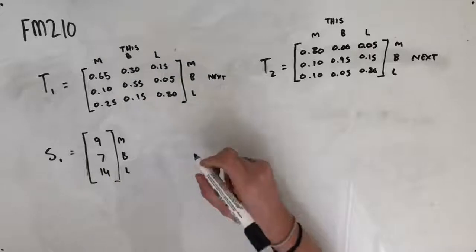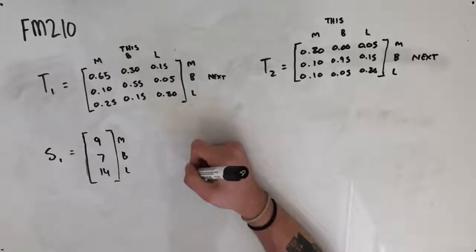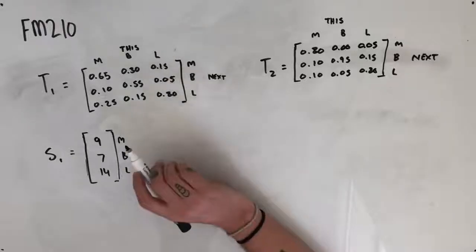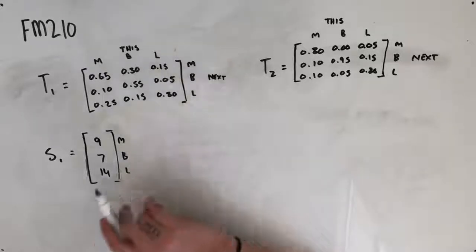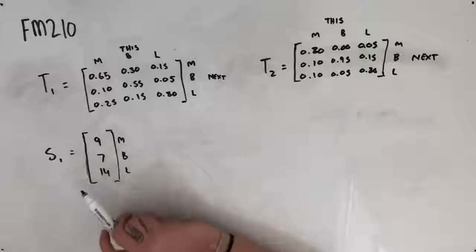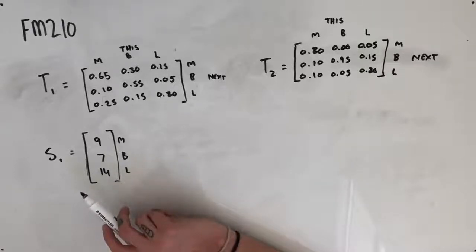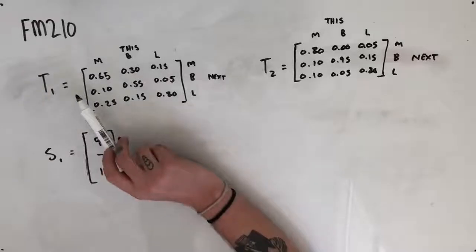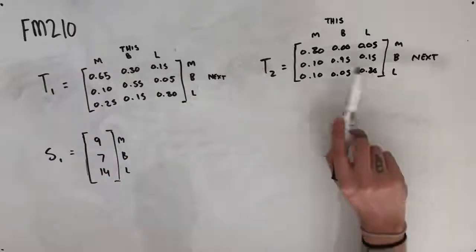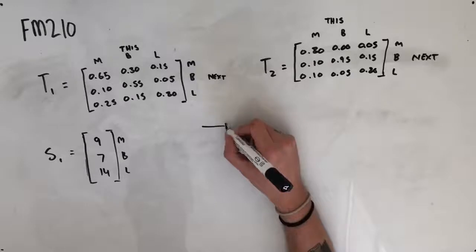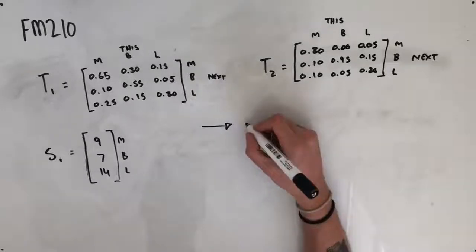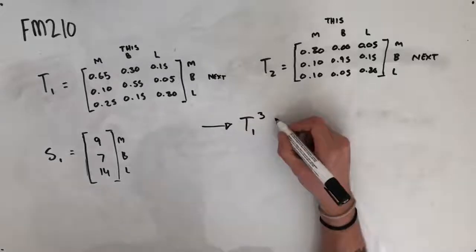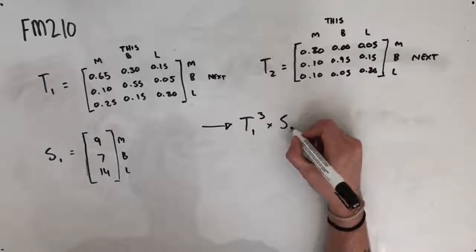Excellent. So now, first of all, we're going to need to go through the first 3 years. We've got our first year being described here, and we're going to go through the first 3 years using this transition matrix, T1, and then we're going to use T2. So the first step is going to be for us to have T1 to the power of 3 times S1.